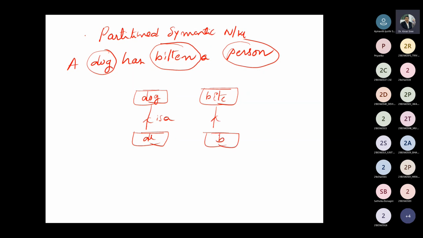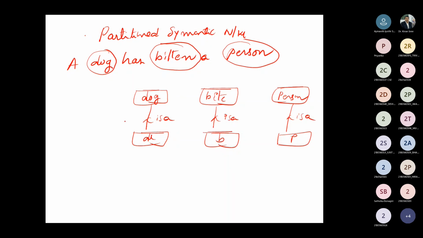Take some B as the type of bite. And you have a person, and you take some P which represents that person.